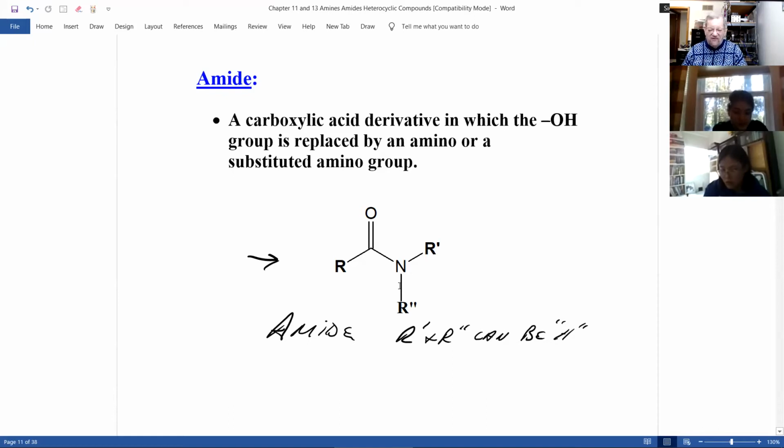So amide nitrogens always have 3 bonds. Nitrogen has 3 bonds unless it's a quaternary ammonium salt or an amine salt, then it has 4 bonds. That always gives students trouble, but you've just got to remember it.